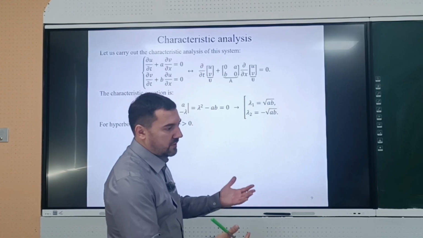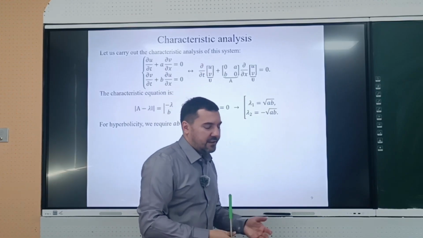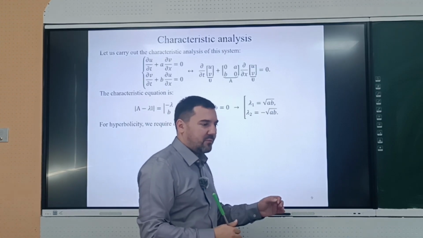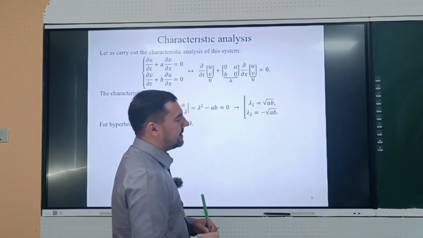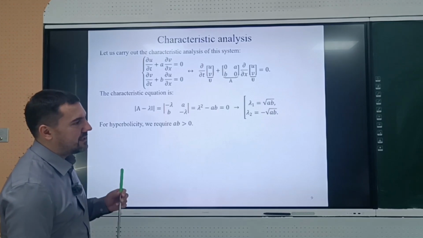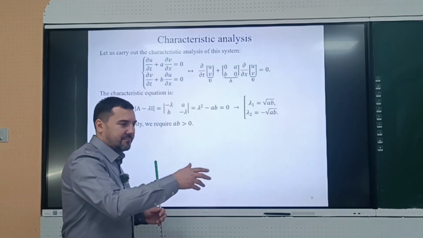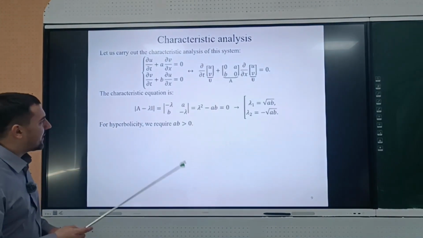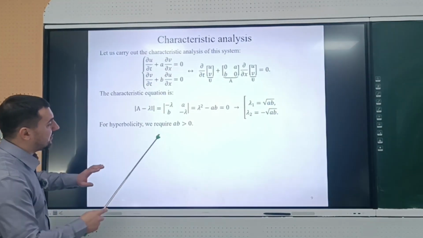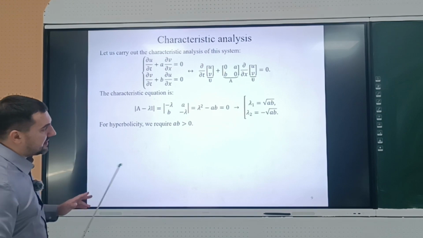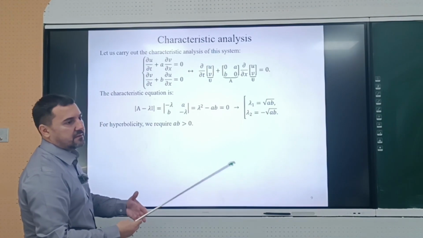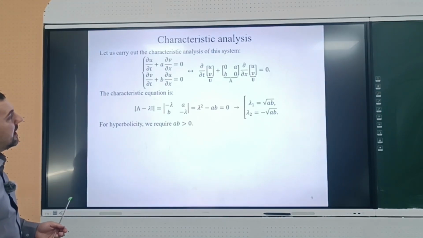So if you have two phases and the issue that was discussed for many years, should we introduce the pressure in both phases or not? And if the phases do not have their own pressure, the system can be non-hyperbolic. And so suppose that ab is greater than 0, it means that the system has two different real eigenvalues, right?